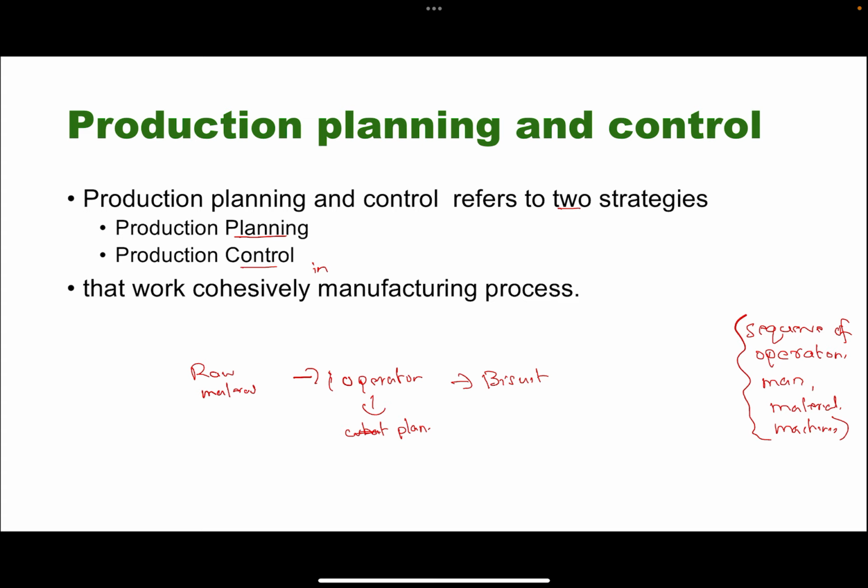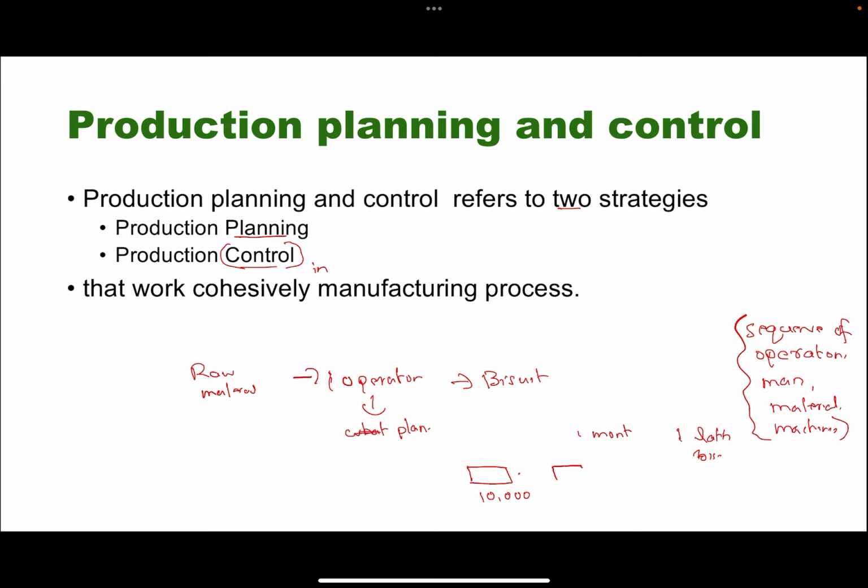And production control is another part, in which once the production has started, you need to monitor the production. For example, you need to manufacture 1 lakh biscuits in 1 month, and after the first week you have manufactured only 10,000 biscuits.